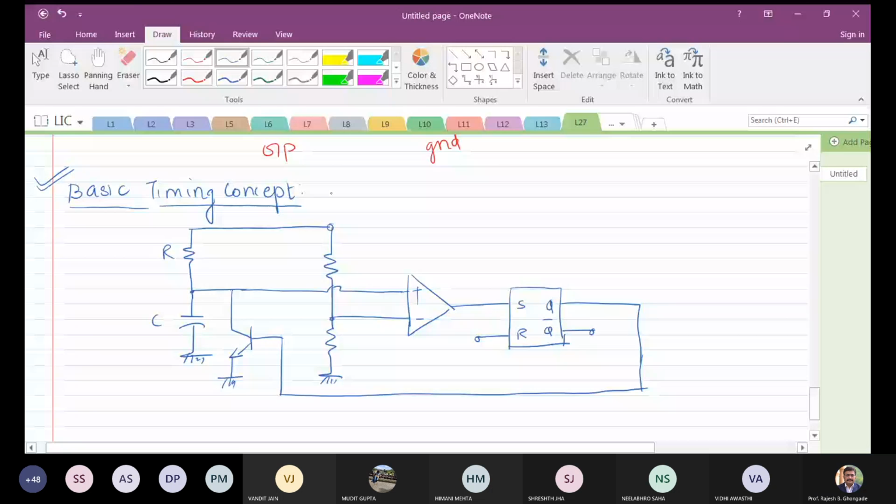I assume that Q is high. So you're not audible, sir. Hello, hello. Yes, sir. Am I audible? It's a distorted voice, sir. Am I audible now? Yes, sir. Is it clear, or is the voice cutting off?